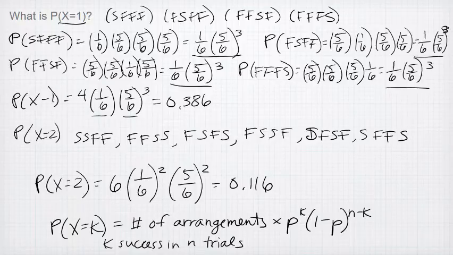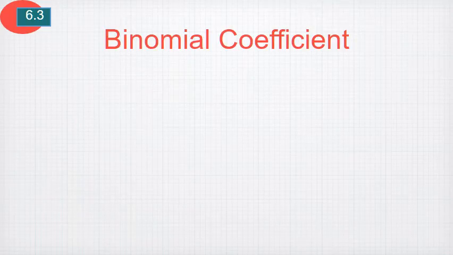So this is my probability of success and the number of times that I have success. This is my probability of failure and the number of times that I have failure: my total number of trials minus my number of successes.